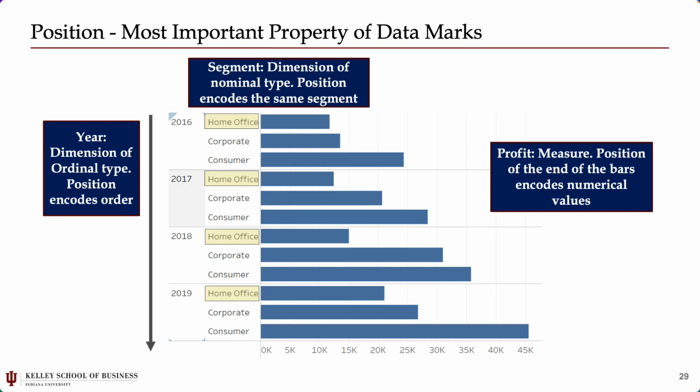There's no particular order of these values. However, by placing the same segment at the same location in all the year groups, this dimension is also encoded into positions. Finally, the lengths of the bars are encoded to be proportional to the value of the profit measure. In other words, the position of the end of the bar represents the profit values.